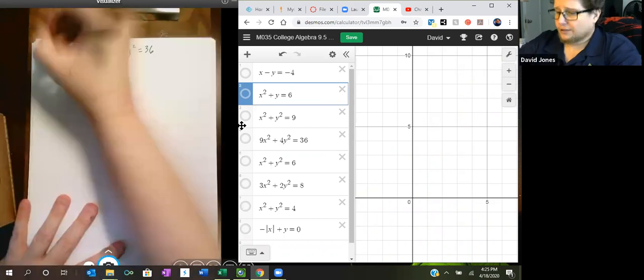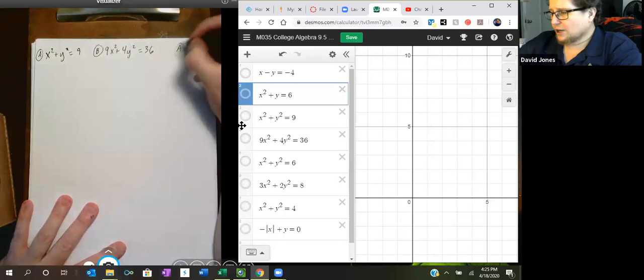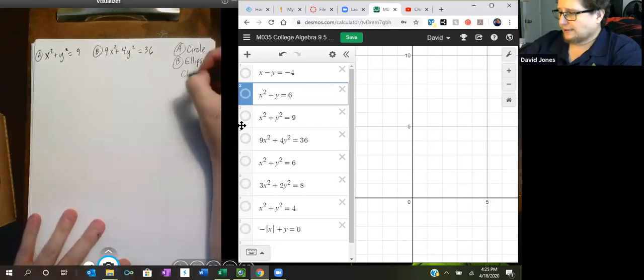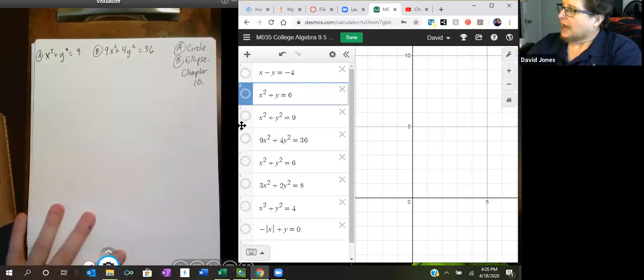So that's A. That's B. A is the equation for a circle. B is the equation for an ellipse. We will explore those in chapter 10. Their graphs and things like that, how they graph.